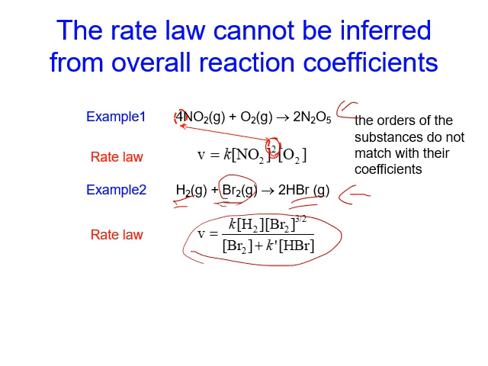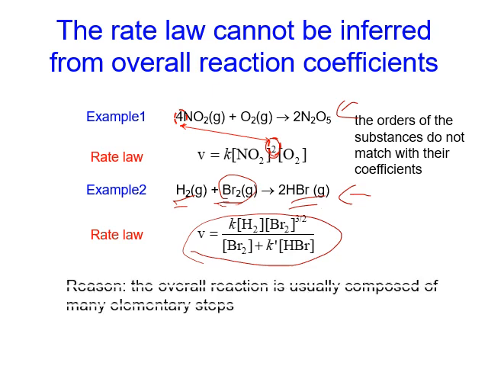These elementary steps combined together are called the mechanism. It is this mechanism that determines the rate law. So in order to get the rate law, we need to know it either by experiment or by mechanism. You cannot infer it from the overall reaction.